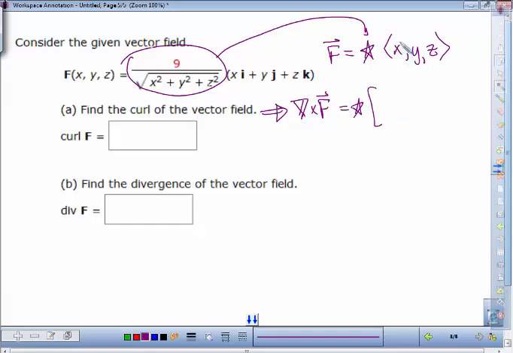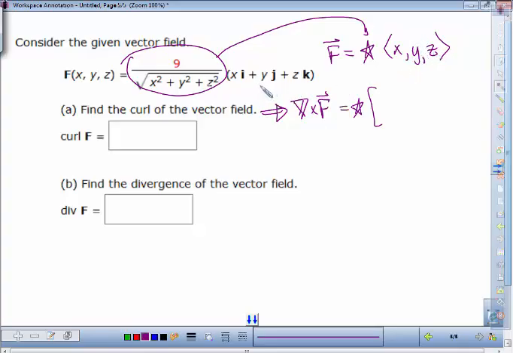And then now I need to take the derivative of these things, combinations of these things, right? So do you remember that cross product in your head? So it's the partial of, the first one is the partial of Q with respect to z, right?